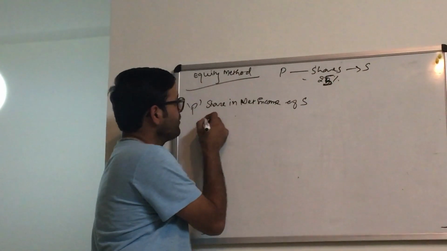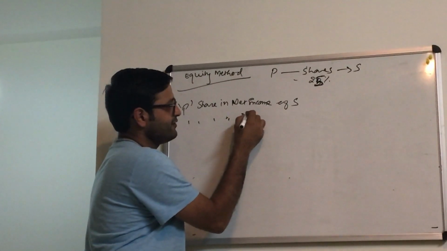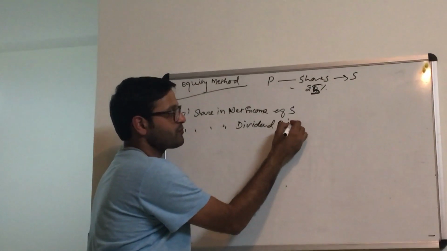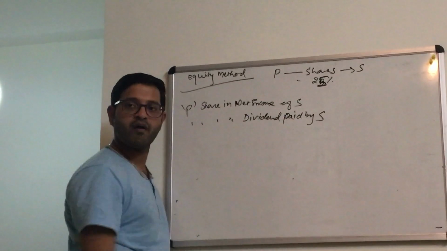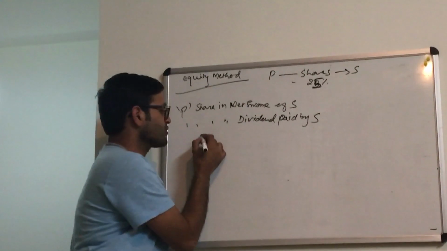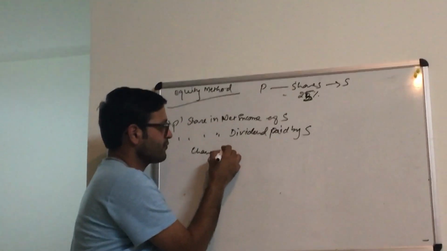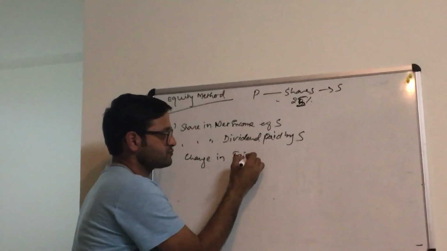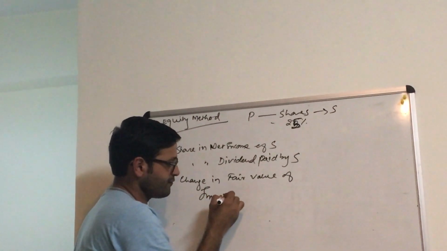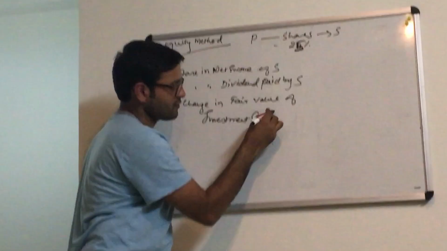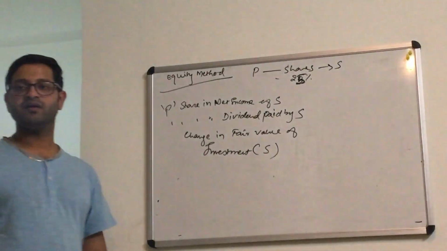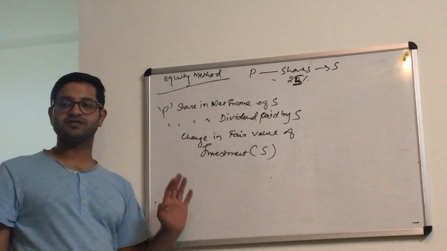Then P's share in dividend paid by S. And the third kind is the change in the fair value of the investment in S. These are three things you need to be cognizant of: how do you do this treatment?